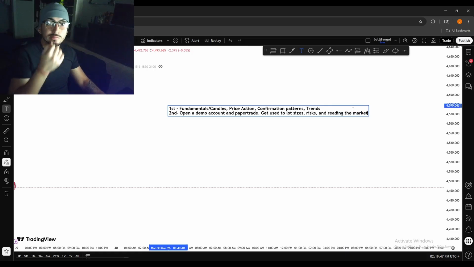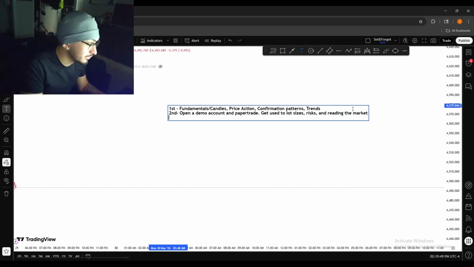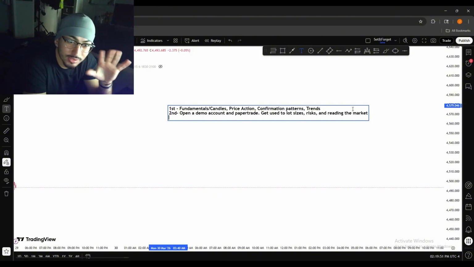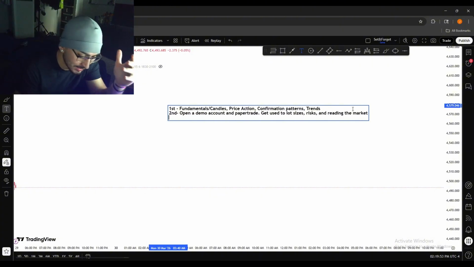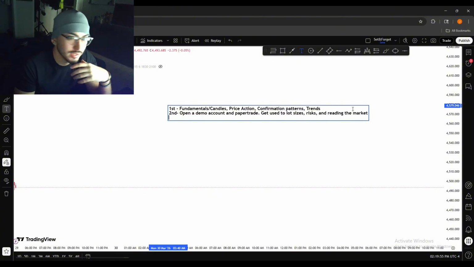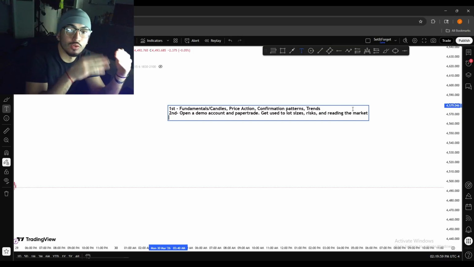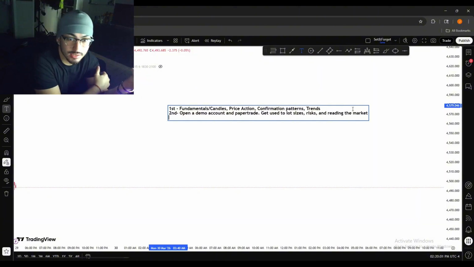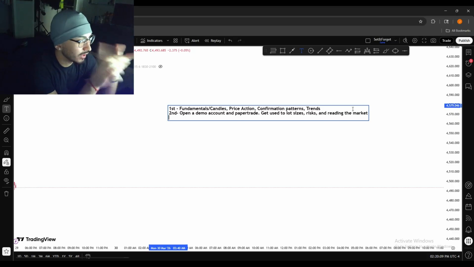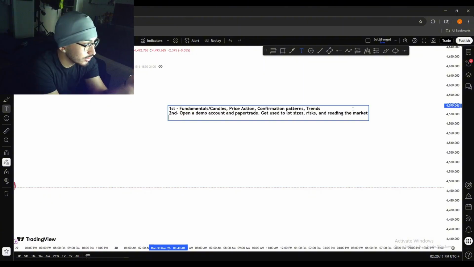Okay. Now for the third one, it's pretty simple. It's not too much to take in. I'm gonna do it in like 4 or 5 steps of what you should do. Obviously, each one goes into specific detail, but I'm gonna make it pretty simple to look at and pretty simple to follow. So first is fundamentals: candles, price action, confirmation patterns, trends.